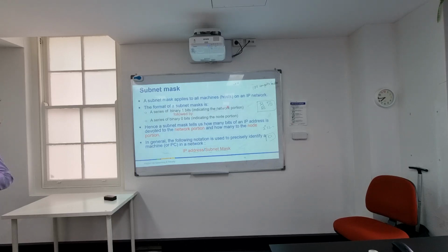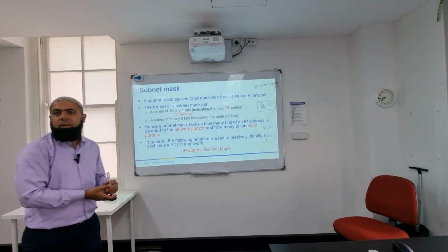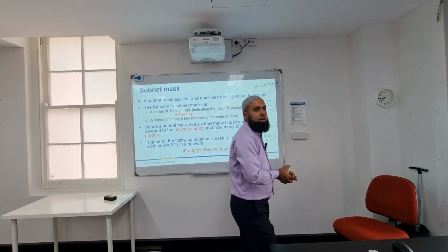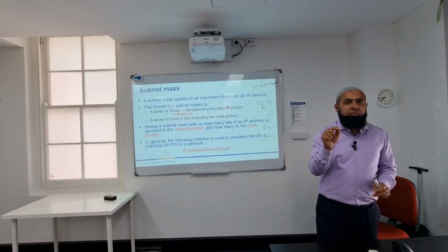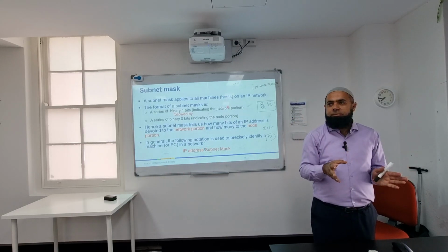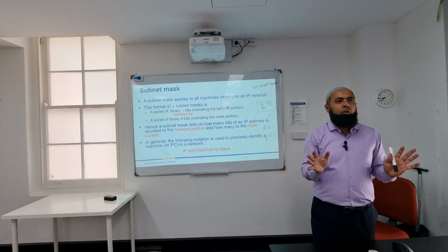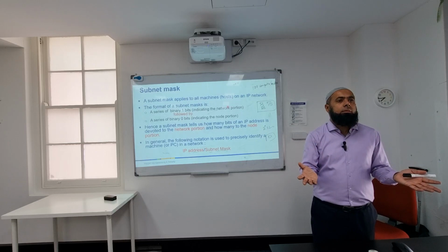But 2 power 32 is too big a number. I need only 100. Why should I go up to that? I'm wasting my resources. So how many bits, 2 power what, do I need that is enough for my local network?